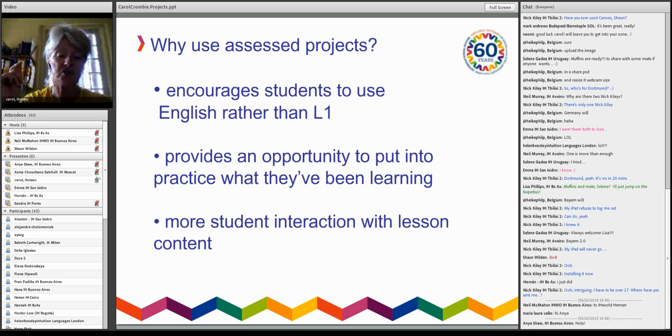And also, as was mentioned in one of the sessions earlier today, having an interesting, fascinating topic in a book, just the fact that it's in the book may switch some students off from it. So taking it out of the book a little bit and turning it into a project encourages more interaction between the students and the material that they've been studying. Bit of personalisation, more opportunity for creativity.